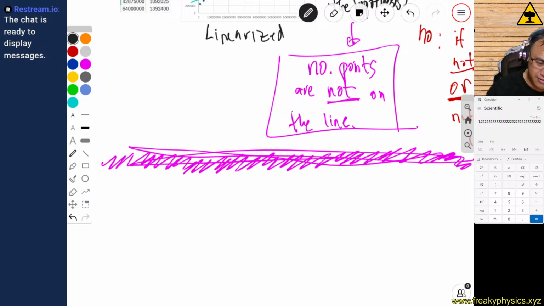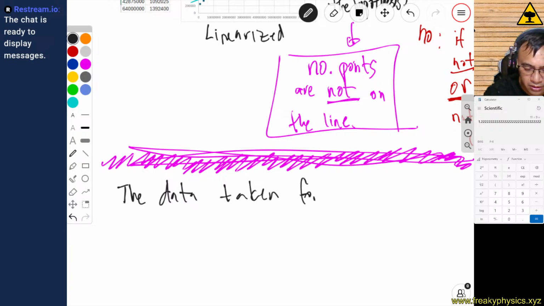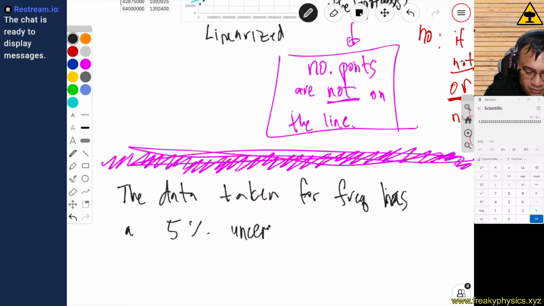Okay, so let's take a look now. Let's add this text. The data taken for the frequency has a 5% uncertainty.